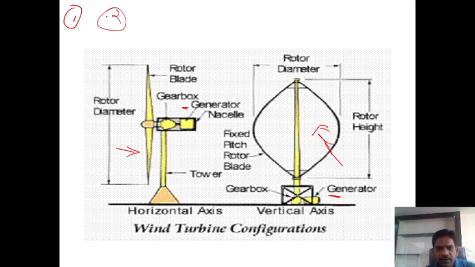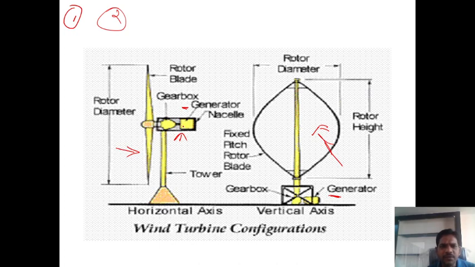In the second point, the maintenance of the vertical axis wind turbine is very easy. Why? Because the generator is placed at the bottom position, so the operator can easily operate it. But the maintenance of the horizontal axis wind turbine is very difficult, because every time the operator has to go to the top position to repair whatever problem occurs inside the assembly.